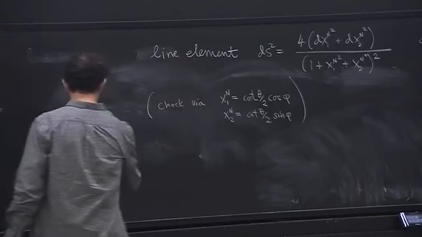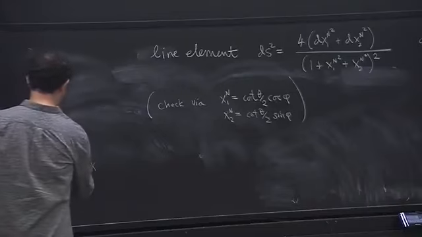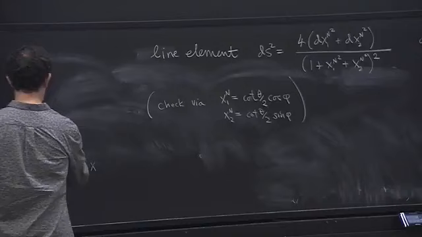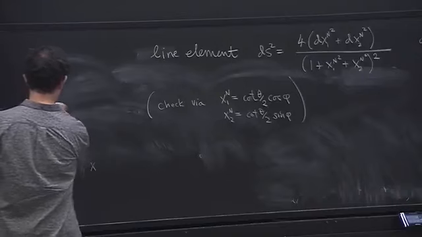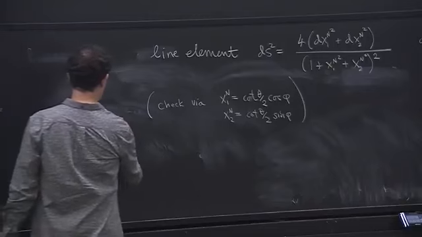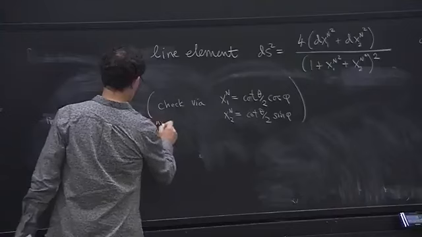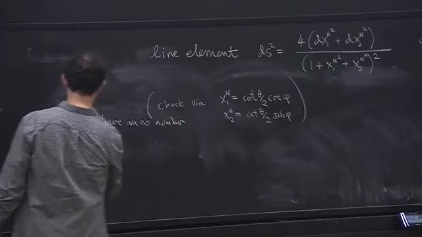So essentially the picture is this. We have some coordinate system, x. So in general, we have an infinite number of coordinate systems.